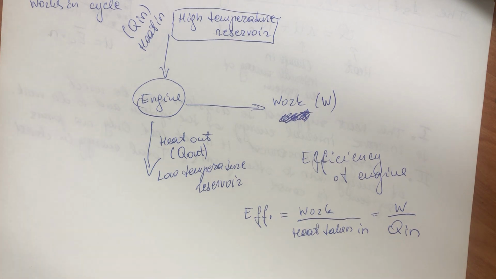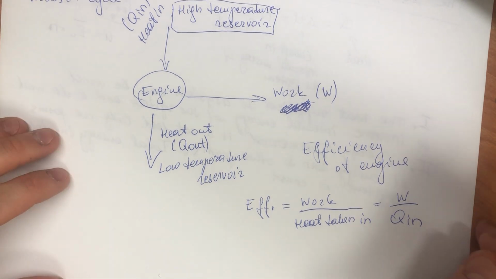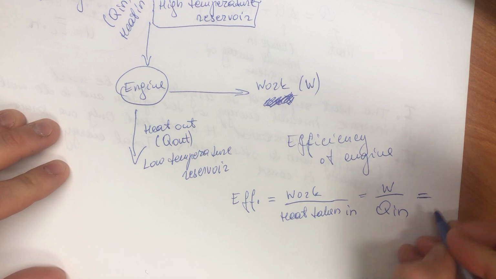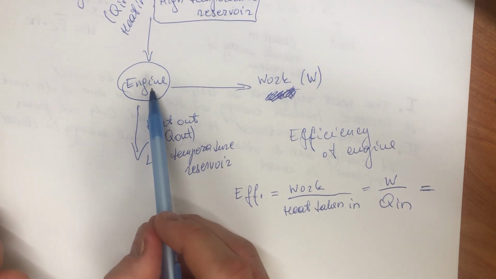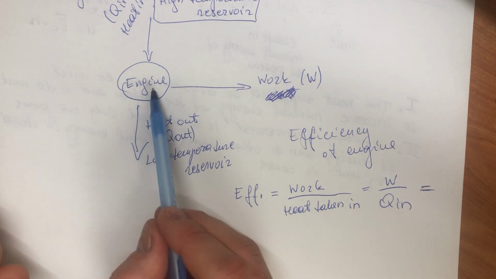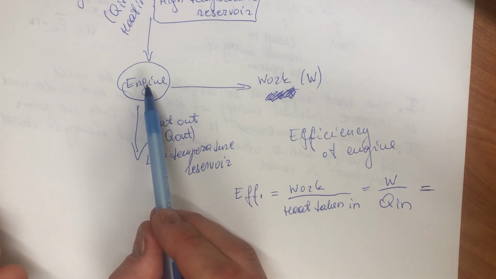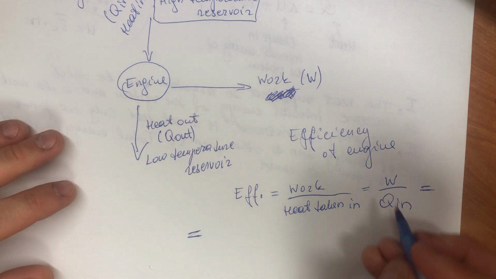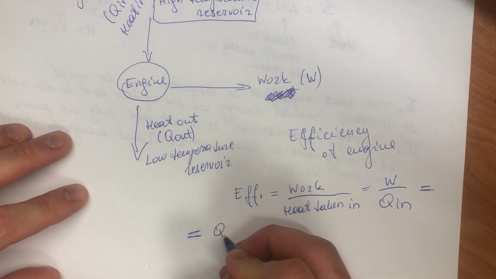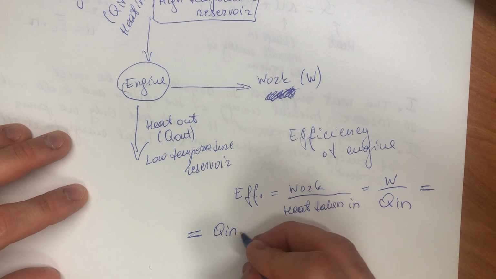Okay. So here, because the engine works in cycles and there is no increase in the engine's temperature in the ideal, thermodynamical case, we can write that this work is Q in minus Q out.